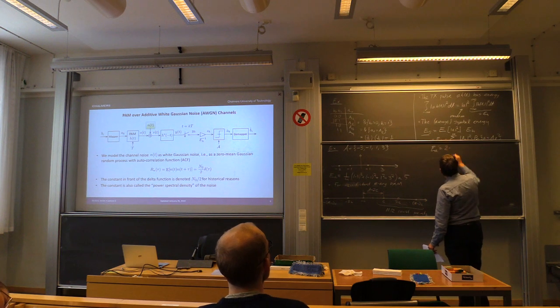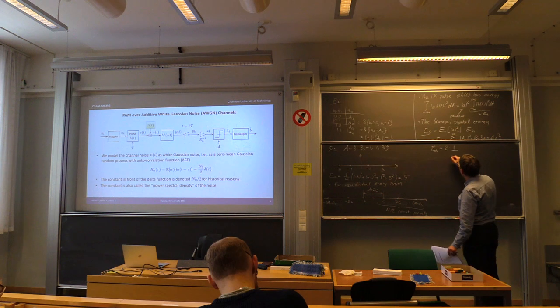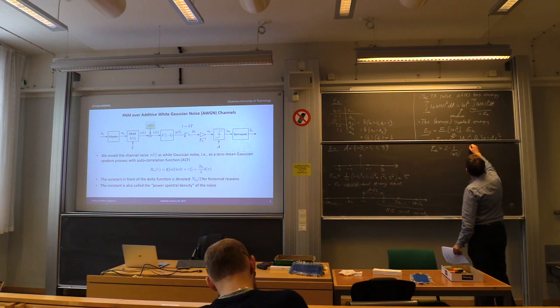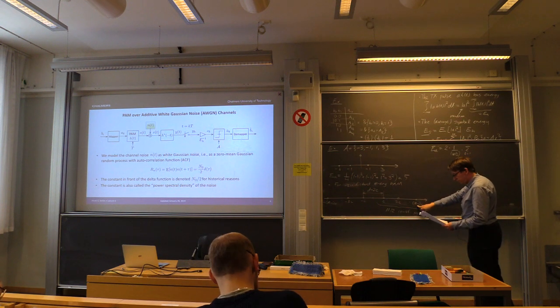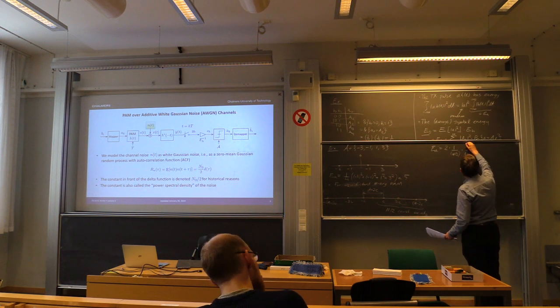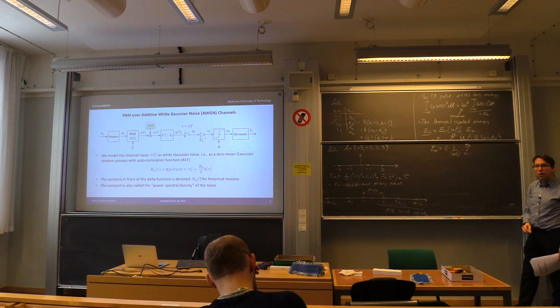So it's 2 times 1 over the number of points we have to the right here, which is M/2, times a sum from L equals 1 up to M/2. These are the number of points we have to the right.